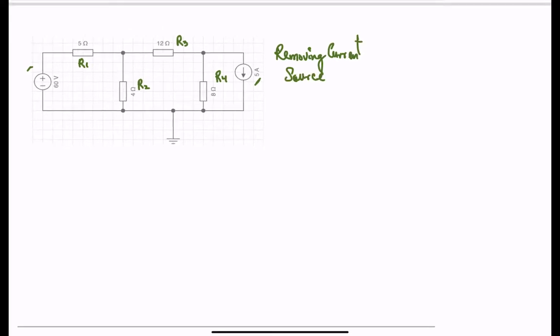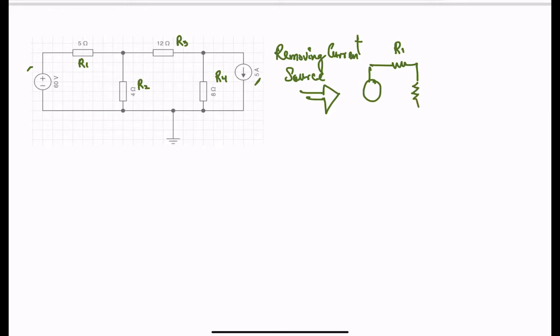this circuit will then be equivalent to having a voltage source, R1, R2, R3 here, R4 here, and the current source is removed.